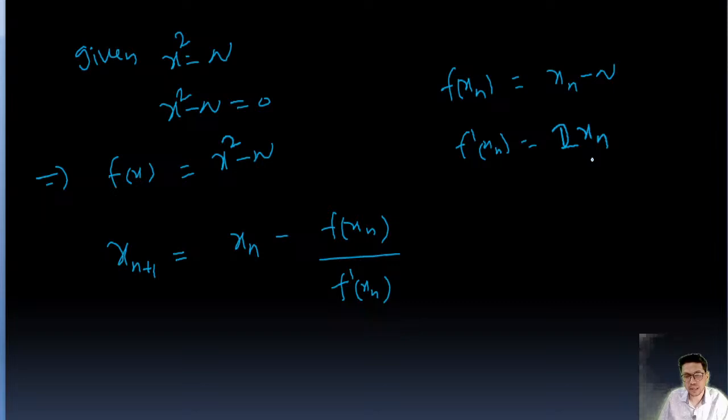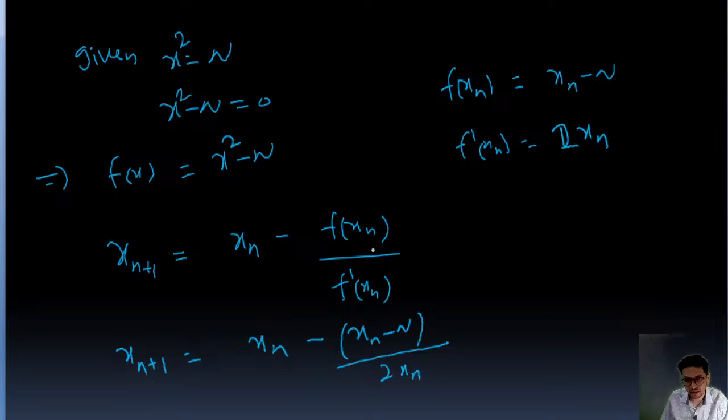And at x equal to x_n, 2x_n, right? So we'll put the value. So x_{n+1} is going to be x_n minus f(x_n) value, this is x_n squared minus n, upon this is 2x_n, right? We'll solve it.